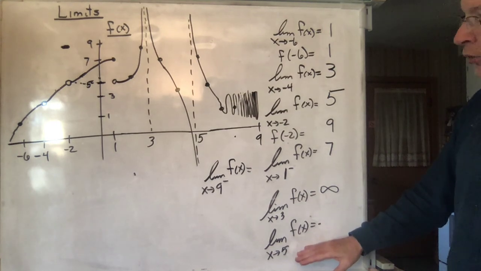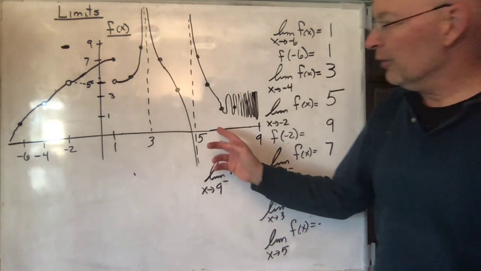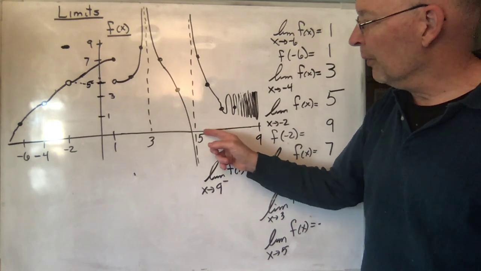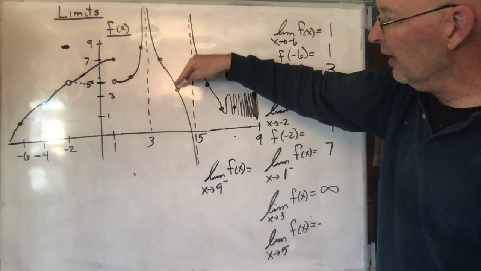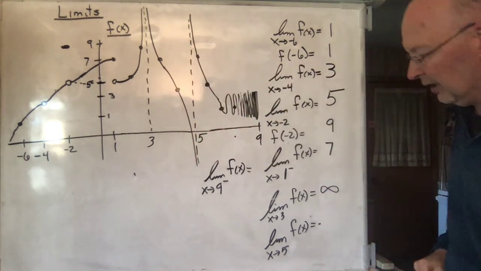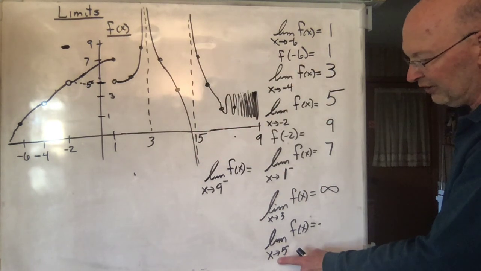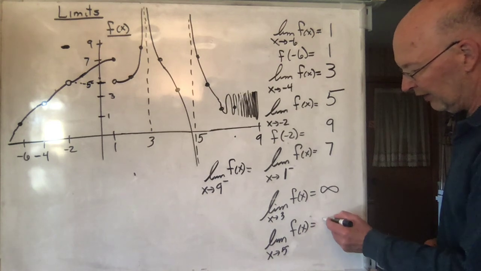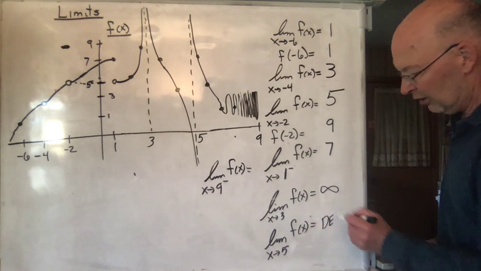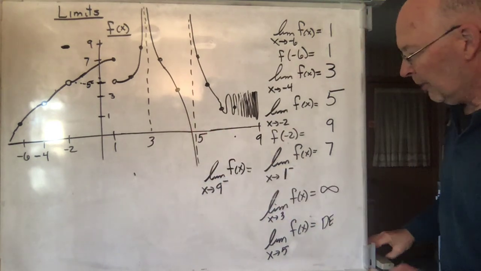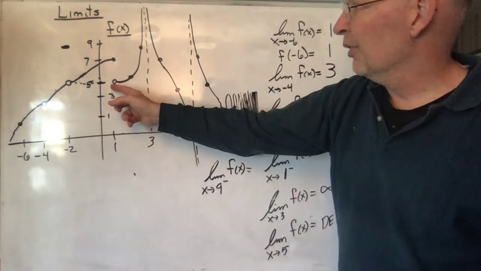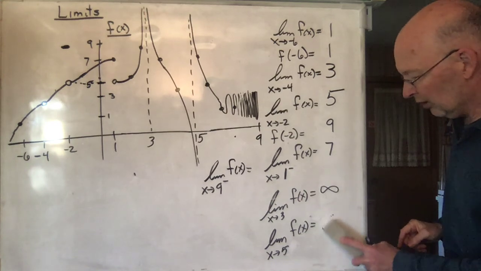What about as we approach 5? As we approach 5, coming from the right, it's going off to infinity. As you approach 5 from the left, notice it's going to -infinity. So again, if you were to answer this question, we would say that it doesn't exist. There's no limit as you approach 5 coming in from both directions. But same as with this one, we can do a little more than that.